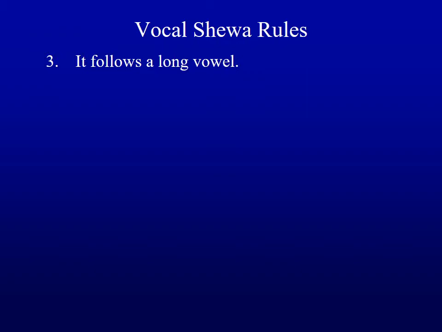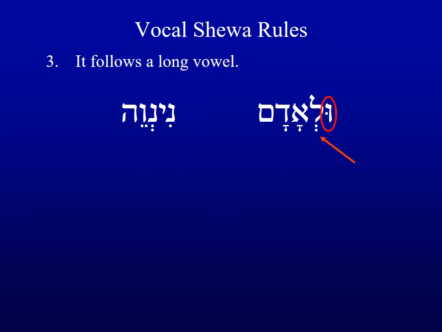The third case in which a schwa is vocal is if it follows a long vowel. So here's a couple of examples of that. Here you see a schwa. If you look in the preceding syllable, you see the vowel is a long shureq, so that means this schwa will be vocal. This word is pronounced ula adam.